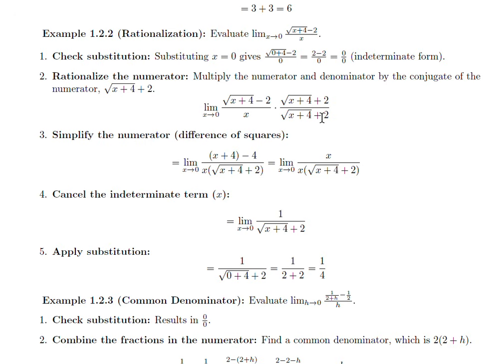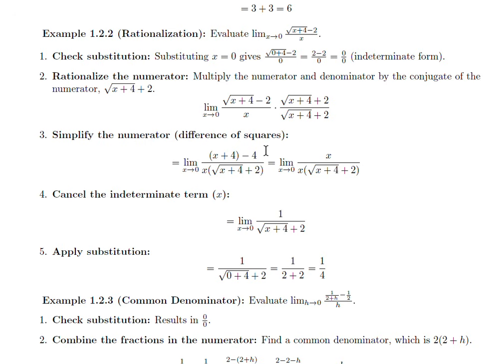To rationalize, it simply means you multiply whatever fraction you have by the conjugate of the surd in the numerator, right? And in our numerator, the surd we're having is root x plus 4 minus 2. The conjugate will be root x plus 4 plus 2.